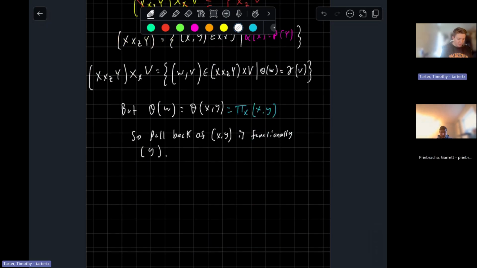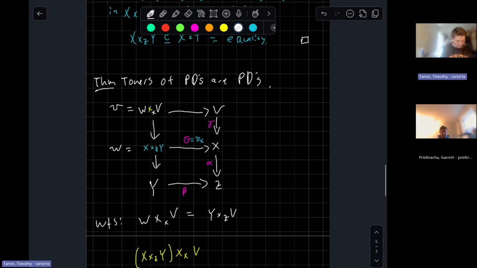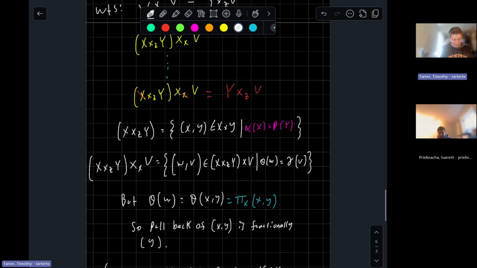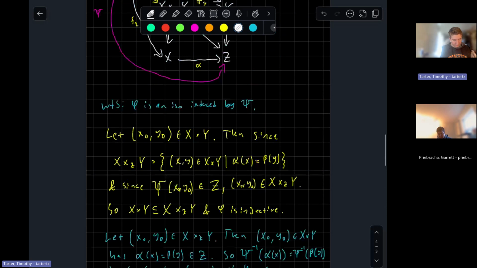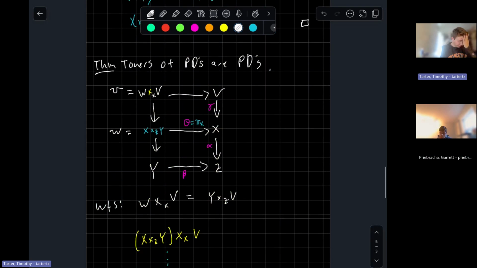So now we have the setup that we're getting products in y cross v, right? So now we're set up with y cross v. All we need to show now is that this is through z, right?